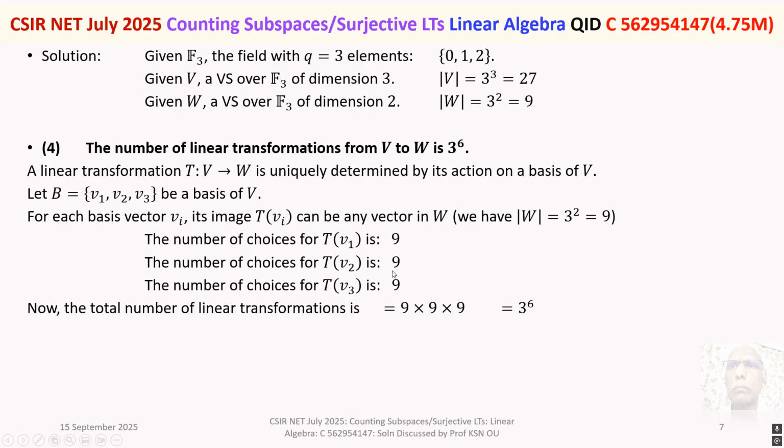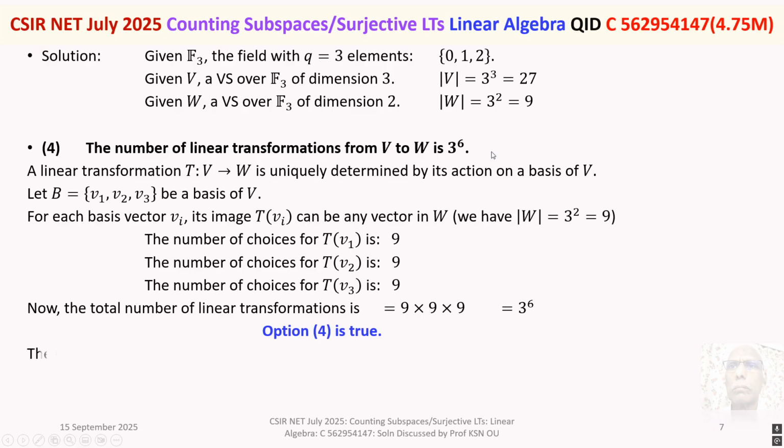No conditions are there. That is why 9 into 9 into 9, that is 3 power 6, that is 729. Right. So option 4 is true. This we will be using afterwards in option 2.